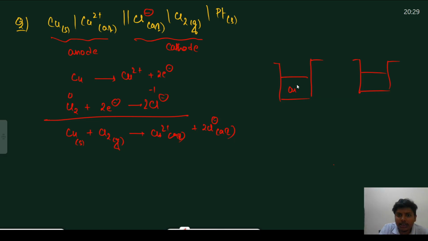Here copper is there, and here a platinum electrode. I am filling with chlorine gas from outside. Here I put a bulb and add a salt bridge. Then the bulb will glow.